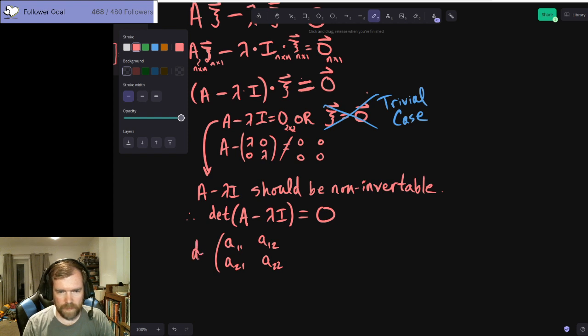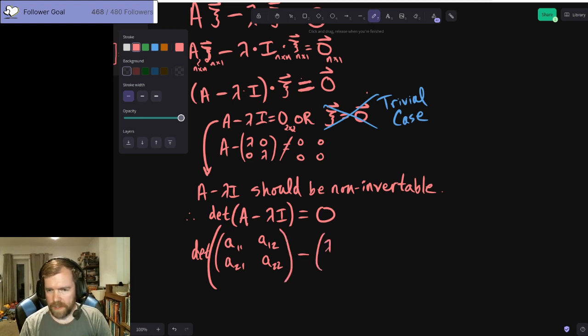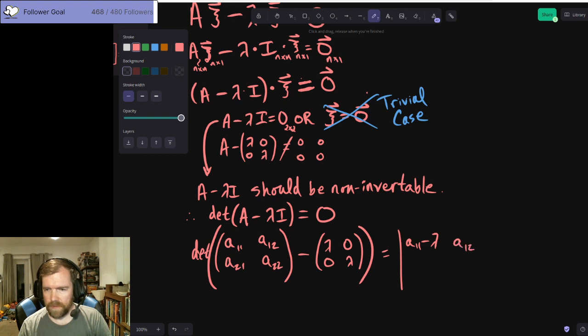Determinant of: we have our first matrix, and then we subtract our identity times lambda matrix like this. All right, so we get the determinant of A11 minus lambda, A12, A21, and A22 minus lambda.